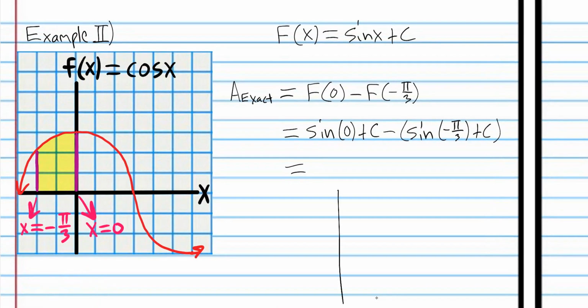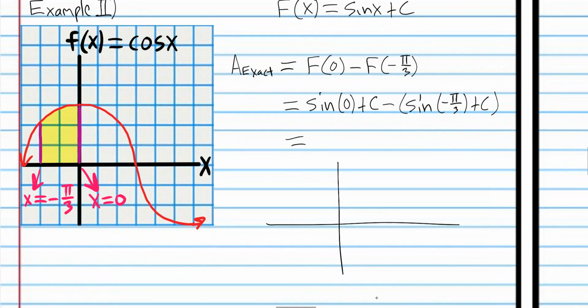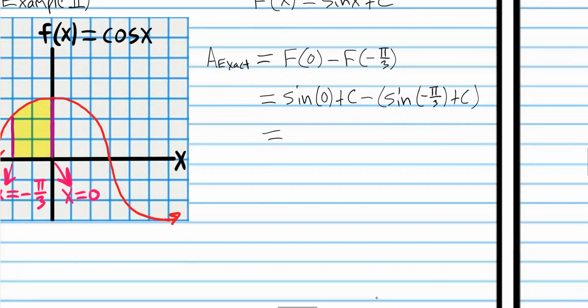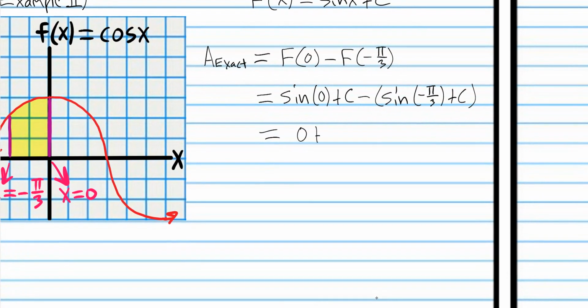Remember, if you want to find the value of a trig function when you're plugging in a quadrantal angle, you have to use these types of graphs. 0 is 0. Pi over 2 is 1. Pi is 0. 3 pi over 2 is negative 1. 2 pi is 0. You need to know that. You're going to be expected to just know that on your own. So use that information on your trig cheat sheet, so to speak, and you'll have your answer. So sine 0 is just 0.